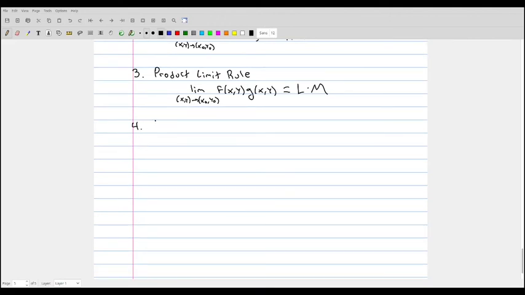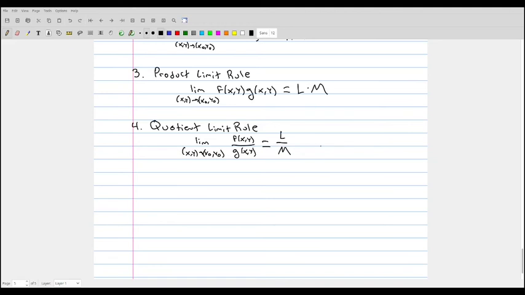The next one is called the quotient limit rule. Which says that the limit as you go to a point of the quotient of two multivariable functions is just going to be equal to the limit of the top function over the limit of the bottom function.